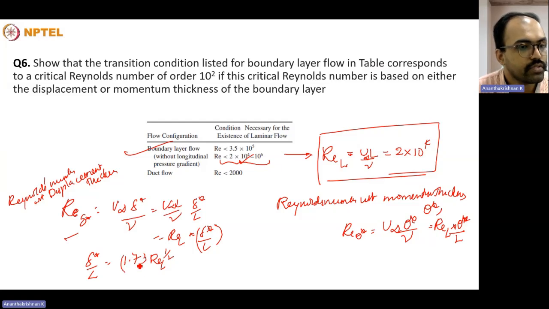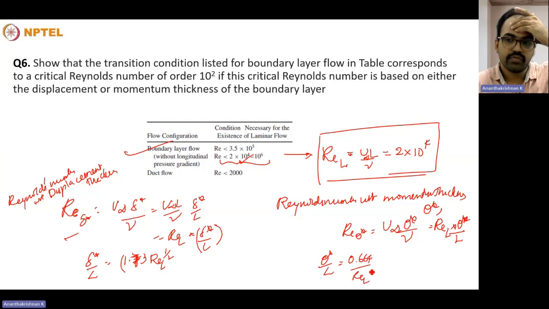This is similar and of the same order, but the constants will vary. In the case of momentum thickness, this is quite similar to the shear stress that we have seen. Here theta divided by L will have the same constant as the shear stress, 0.664 divided by Re_L raised to 1 by 2.